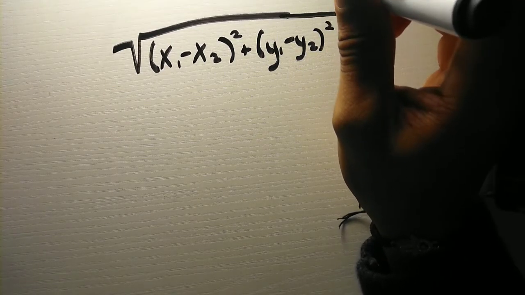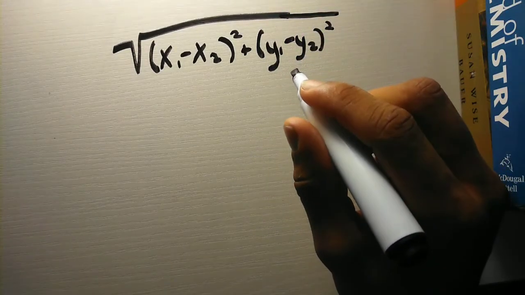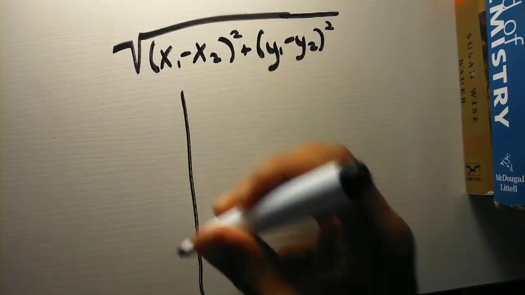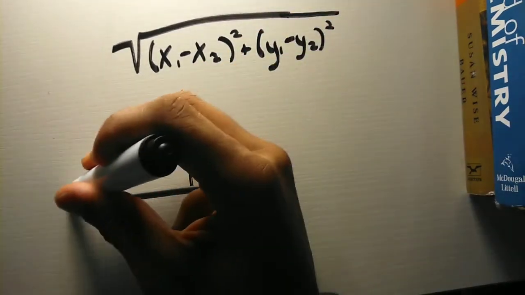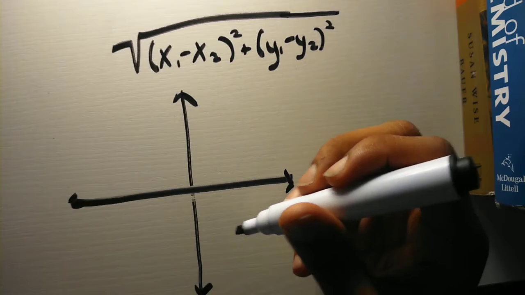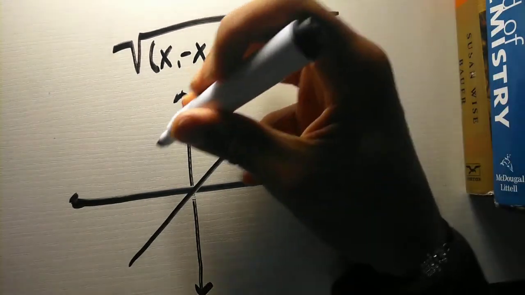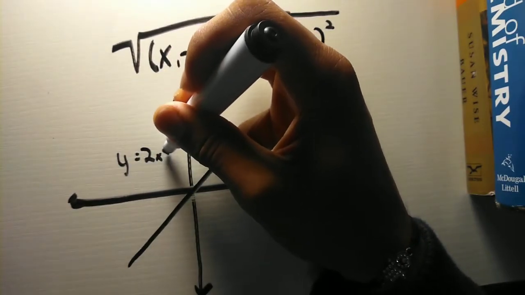Okay, so knowing this, we have this formula here. Let's make a situation so we can fulfill this formula. Let us say we have a perpendicular line going through the origin, and let's say it has the equation y is equal to 2x plus 1.